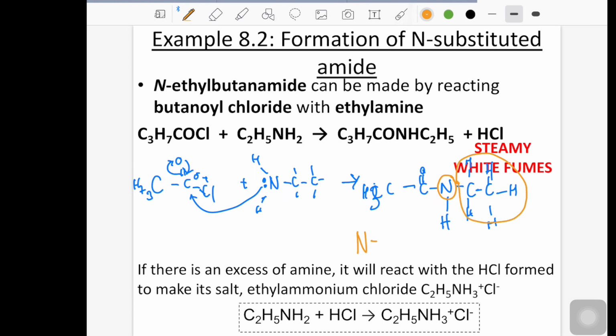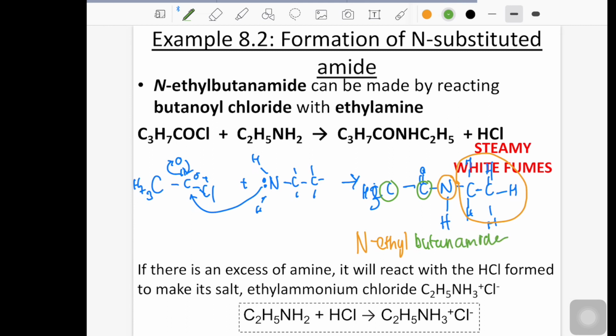So we name this N-ethyl. Then we go back to the right side and count how many carbons we have: 1, 2, 3, 4. So there are 4 carbons, so it should be butanamide.